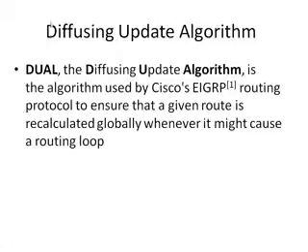It ensures that a given route is recalculated globally whenever it might cause a routing loop. In normal language, you can say it is responsible for finding the different routes, recovery of paths from any source to any destination, supporting VLSM, and giving the best loop-free path to a router.